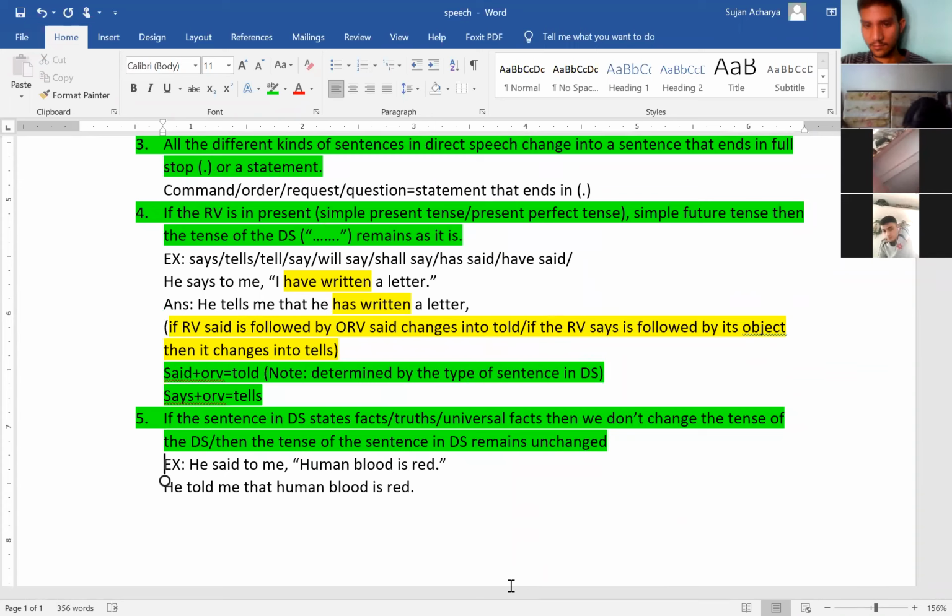What is more important is that you understand what you are copying, rather than just copying. If the sentence in direct speech states facts, truths, universal facts, we don't change the tense of the direct speech.